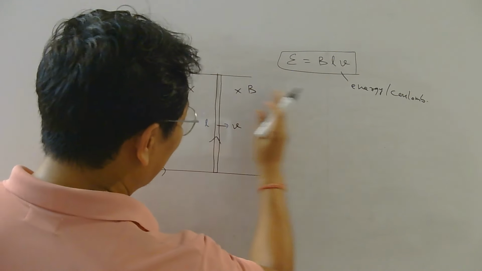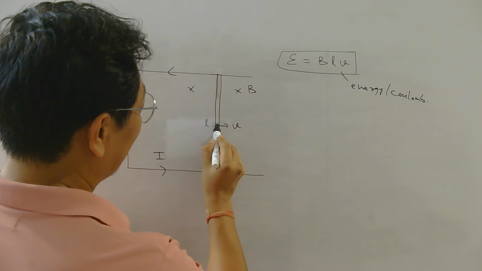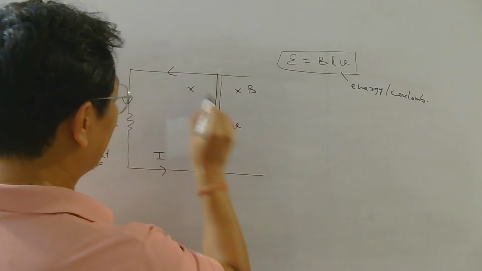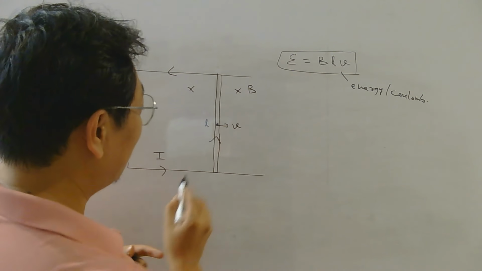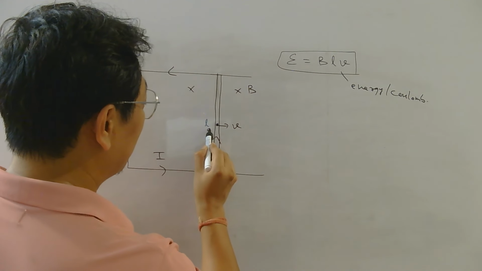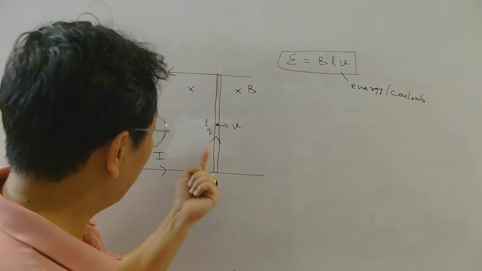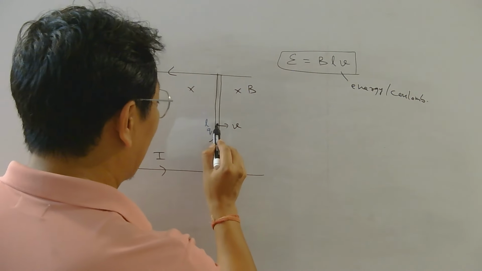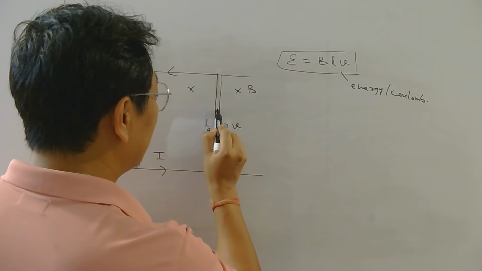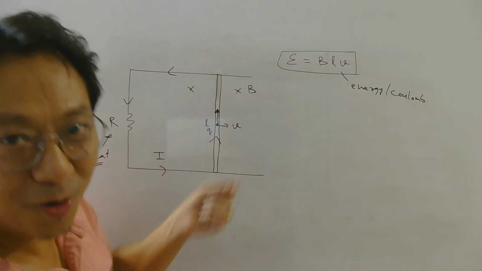So when the rod was moved with velocity v, current I was created, and therefore any charge here, plus q, would have velocity here because of the motion of the rod. But because current is there, this charge must have some velocity here, because current means flow of charge.